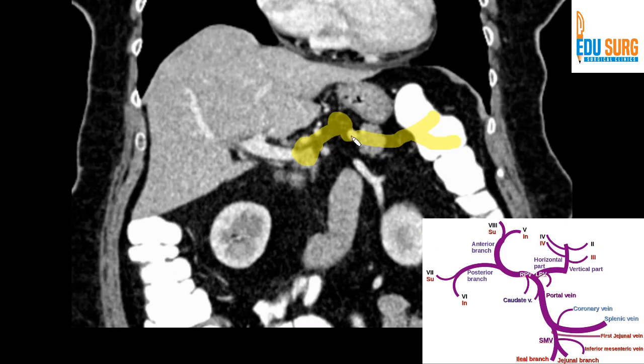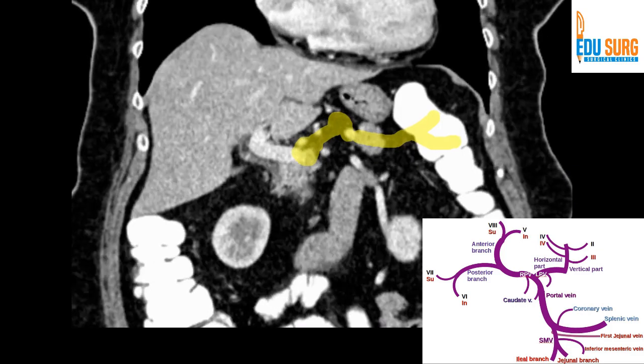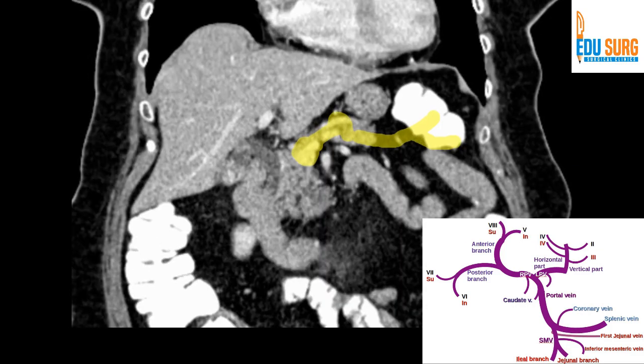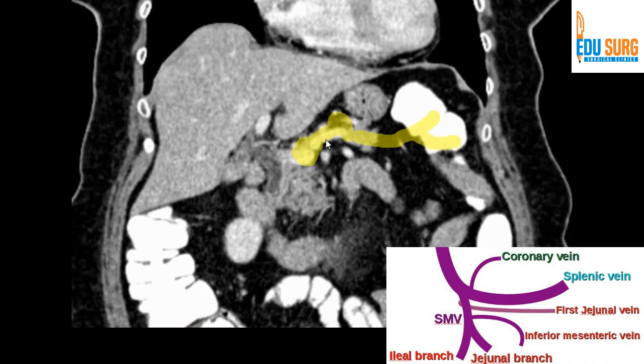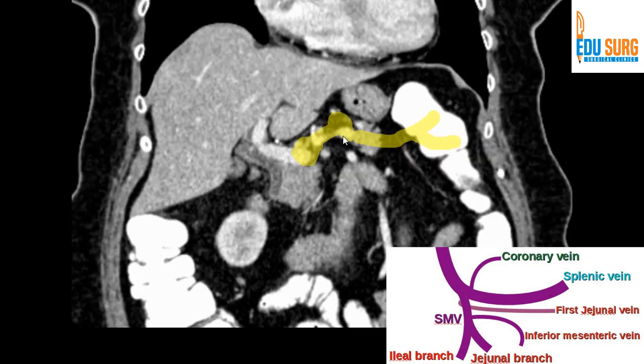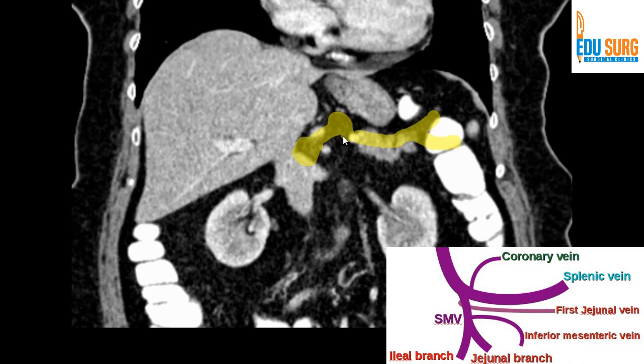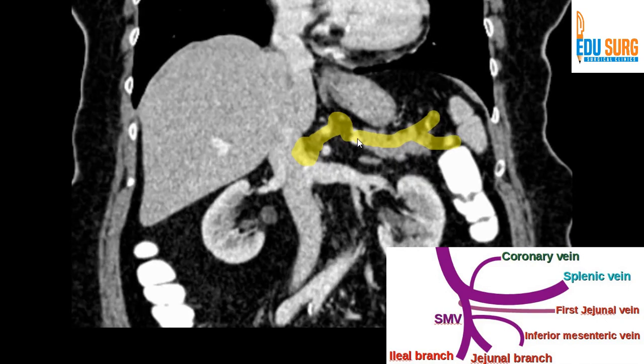Let us trace it again. You can follow the dot. I will start again. Follow with the cursor along the marked area, and that structure is the splenic vein.